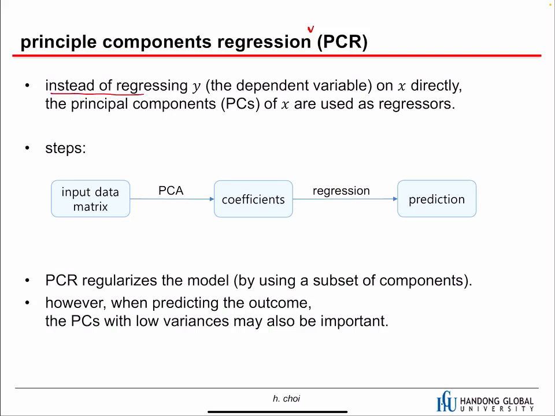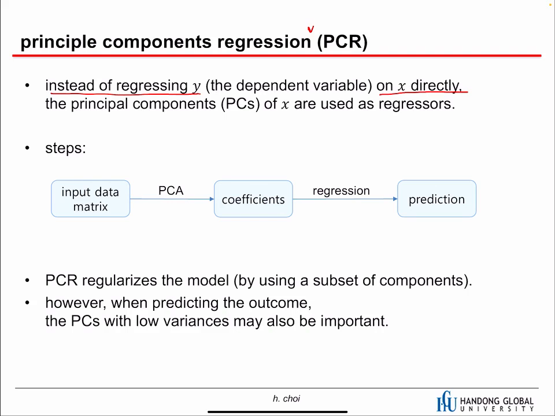But instead of regressing y on x directly, we can apply PCA to x. Let's assume that x is in a high dimensional space. In that case, as I said, sometimes we have an overfitting problem or the curse of dimensionality.